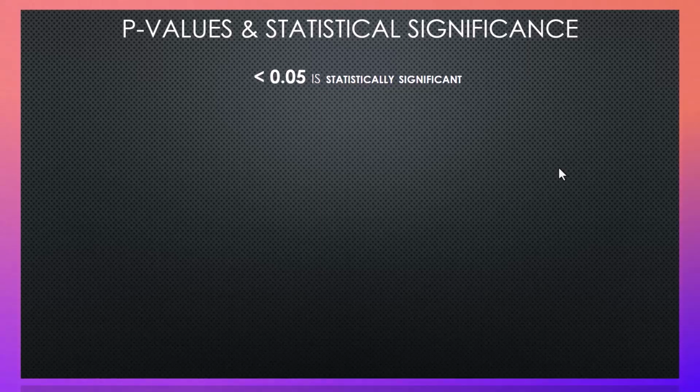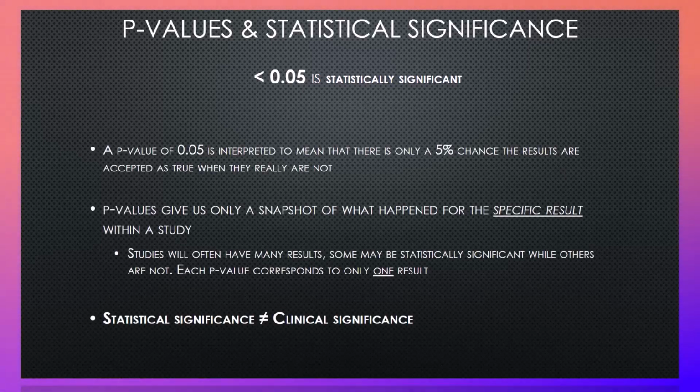Traditionally, a p-value of less than 0.05 is statistically significant. Said another way, a p-value of 0.05 means that there is only a 5% chance that the results are accepted as true when really they are not. P-values give us a snapshot of what happened for the specific result within the study.